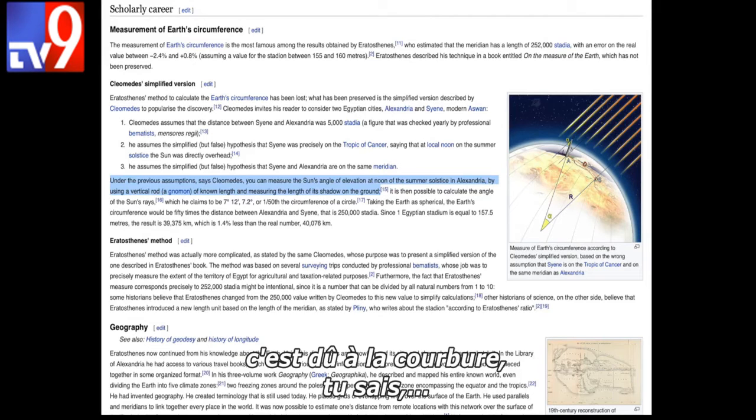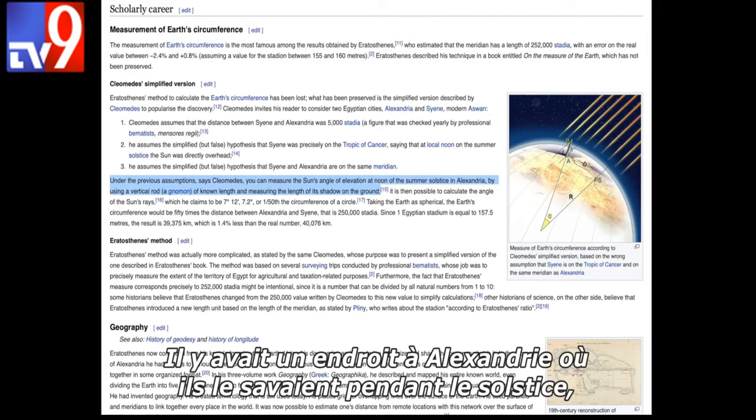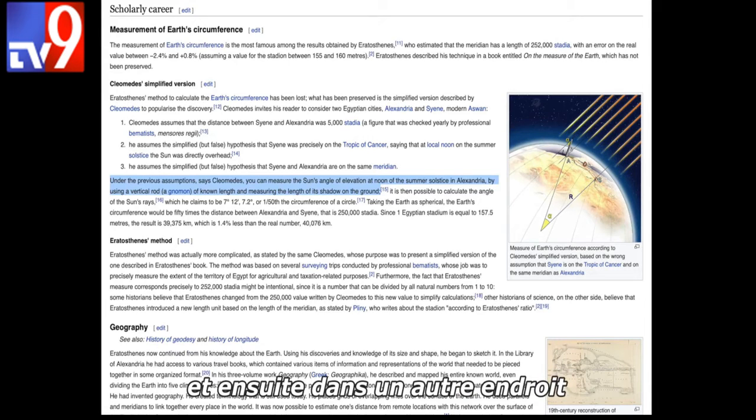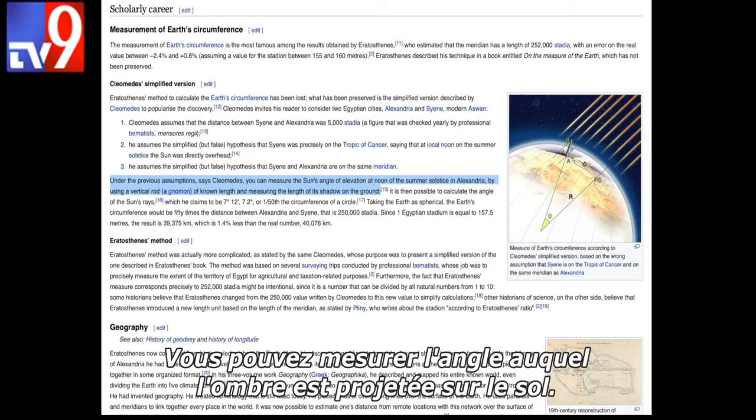There was a place in Alexandria where they knew that during the solstice, the sun is exactly overhead at noon, just perfectly, right above. And then at a different location, you can measure the angle that the shadow is cast on the ground.